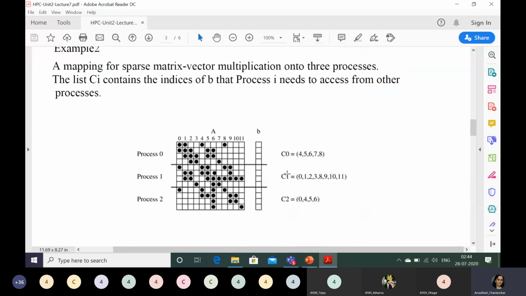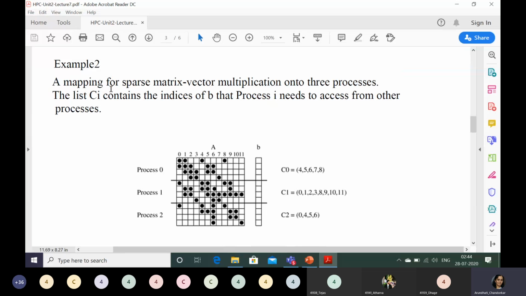Example 2, a mapping of sparse matrix vector multiplication onto 3 processes. Processes are given 3, and the list of Ci contains the indices of B that process i needs to access from other processes. That only I have told you.